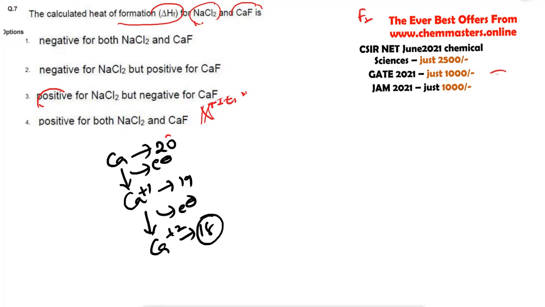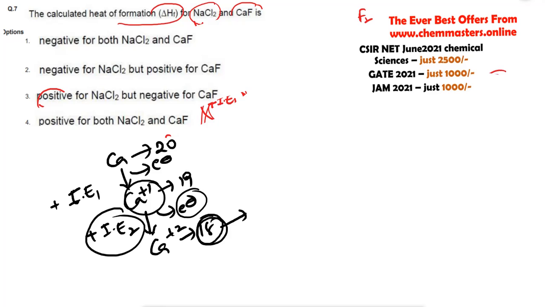For the first step to become 19, we need the first ionization energy, and here we take the second ionization energy. Having 18 electrons means it will be the most stable cation of calcium. That's why less energy is required to remove this electron from Ca plus 1.